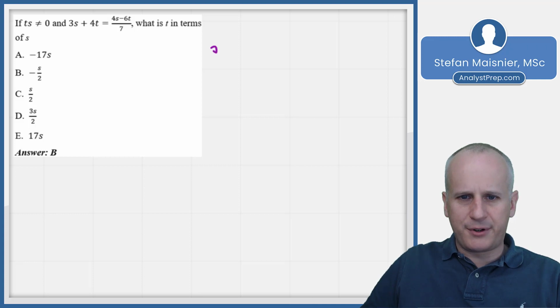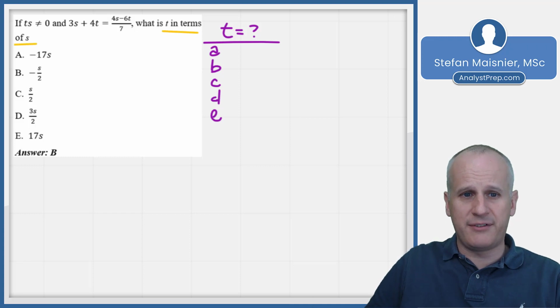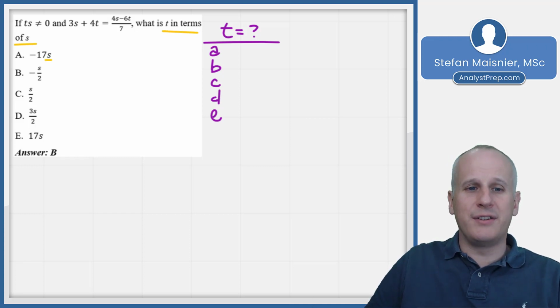We'll set up our scratch work as always. We've got A, B, C, D, E, put a little line over top, and we're looking for what T is equal to. I'm not going to write out our answer choices this time. We've got an answer in terms of S. So we've got all of these variables throughout, a bunch of S's and a bunch of T's in the problem.